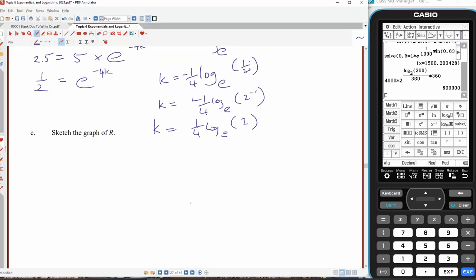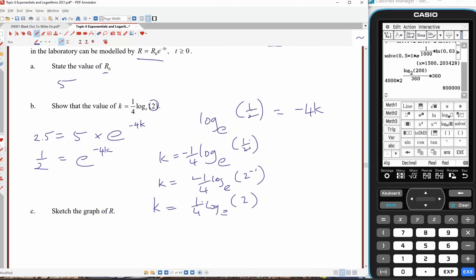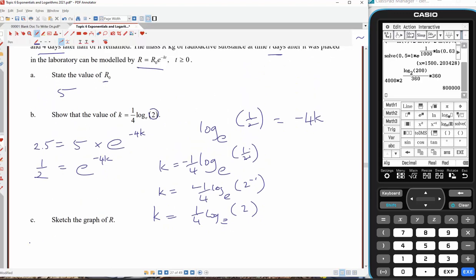Okay, sketch the graph of R. Right, so let's write it out. R equals the initial amount, which was 5, multiplied by e to the negative 1/4 log e2 t.